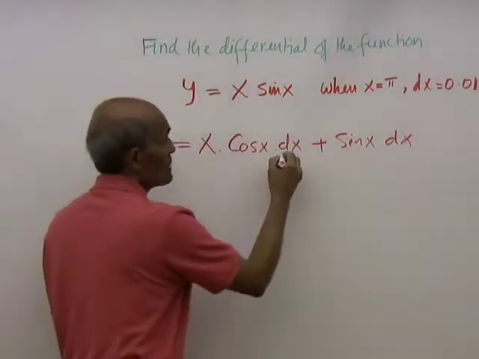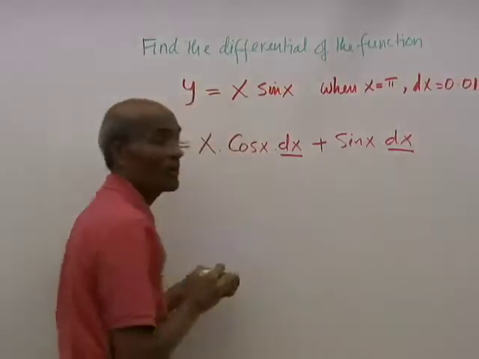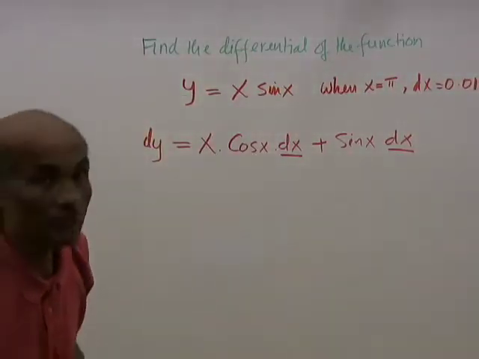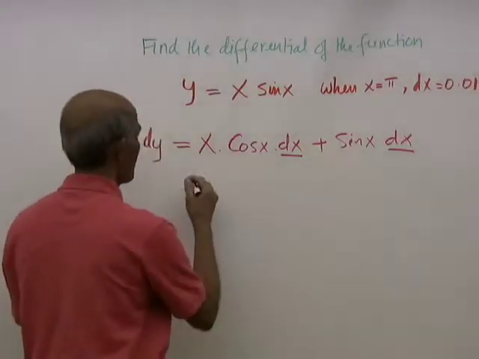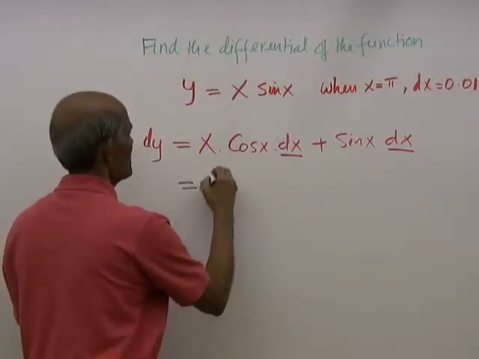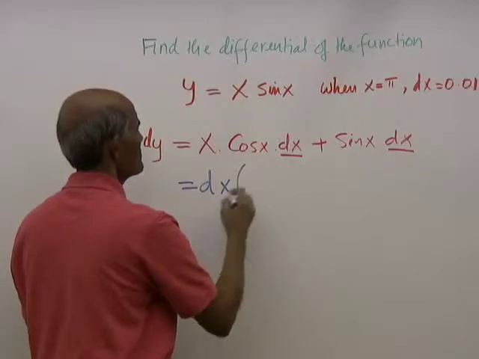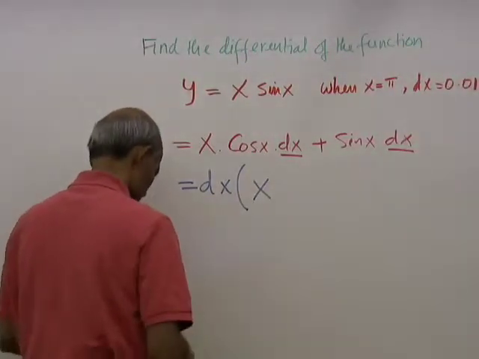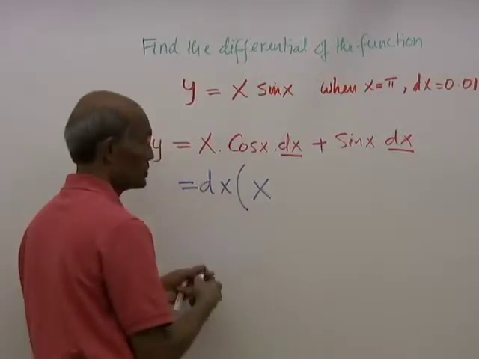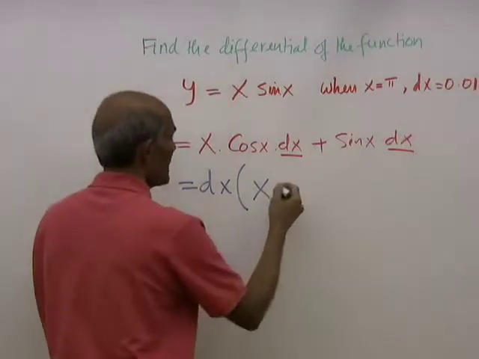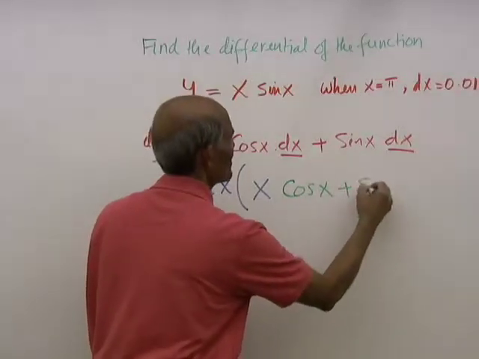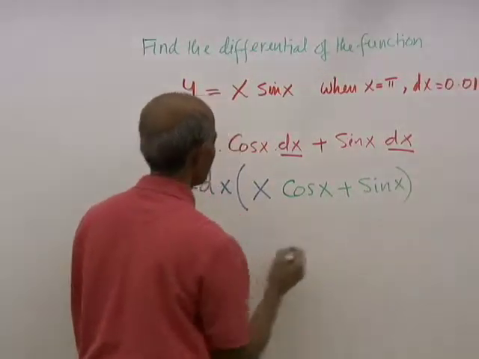Now you notice on the right side dx is common. We can factor that out, and that will give you dx times x cos x plus sine x.